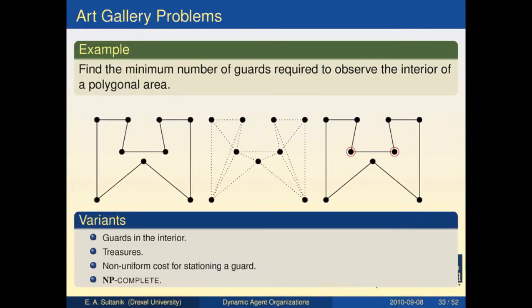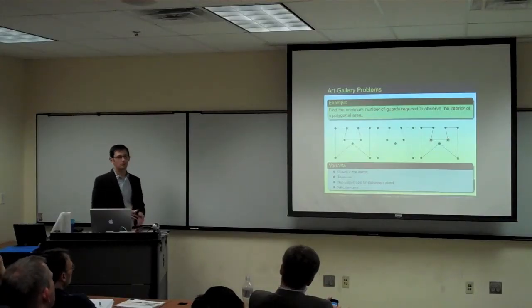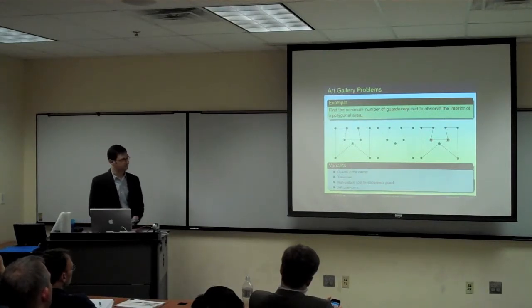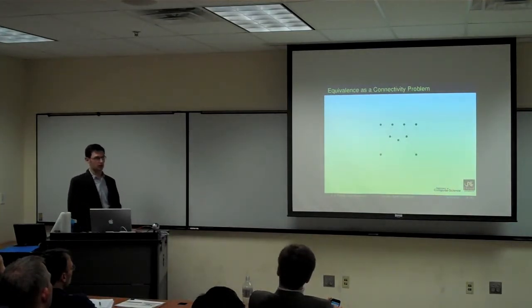And there are a number of different variants on this problem. For example, we can have guards in the interior of the polygon. We can have treasures of different value that we need to guard. We can have a non-uniform cost for stationing guards in different locations, and so on. But a large many of these variants are in fact NP complete, including the one that we are investigating.